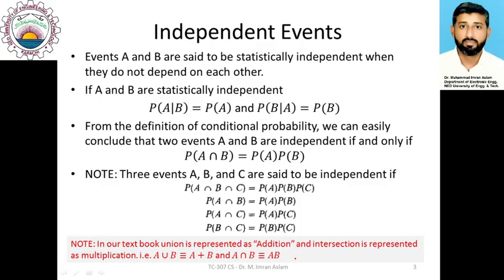A into B does not show multiplication of sets, rather it shows that you are calculating the intersection of those sets. Similarly, A plus B does not correspond to addition of two sets A and B, rather it represents that you are calculating the union of those sets. So these are independent events.